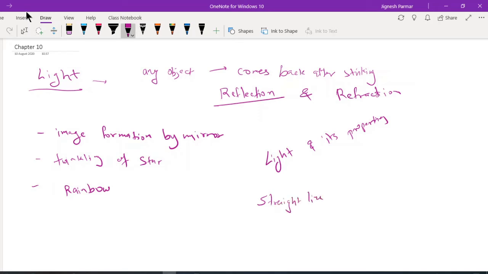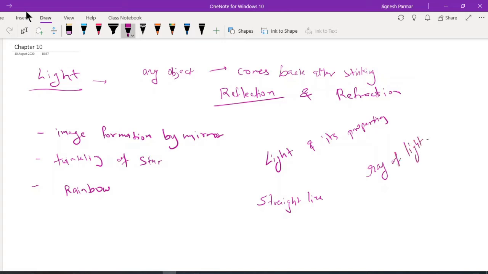So the fact that a small source of light can cast a sharp shadow of an object shows this straight line path of light, usually indicated by a ray of light, which we call a ray of light.